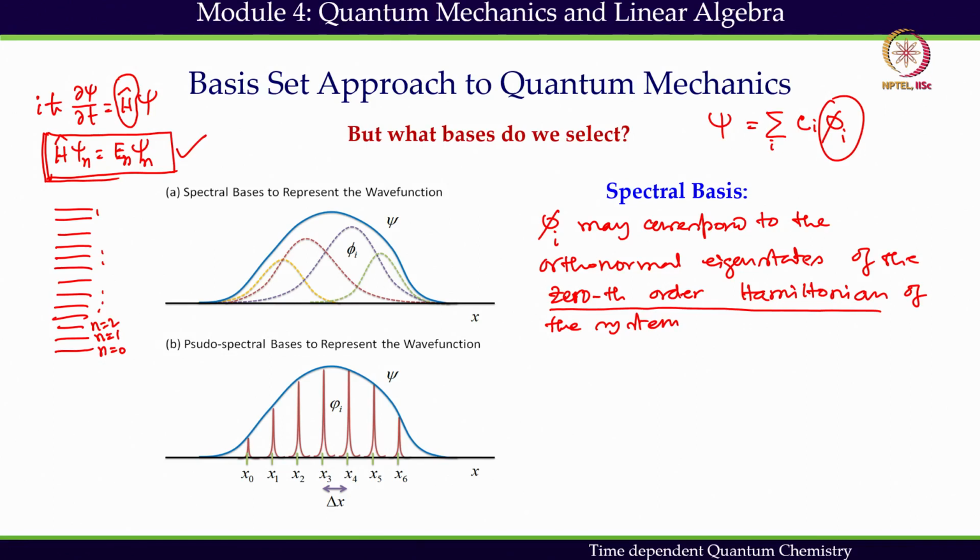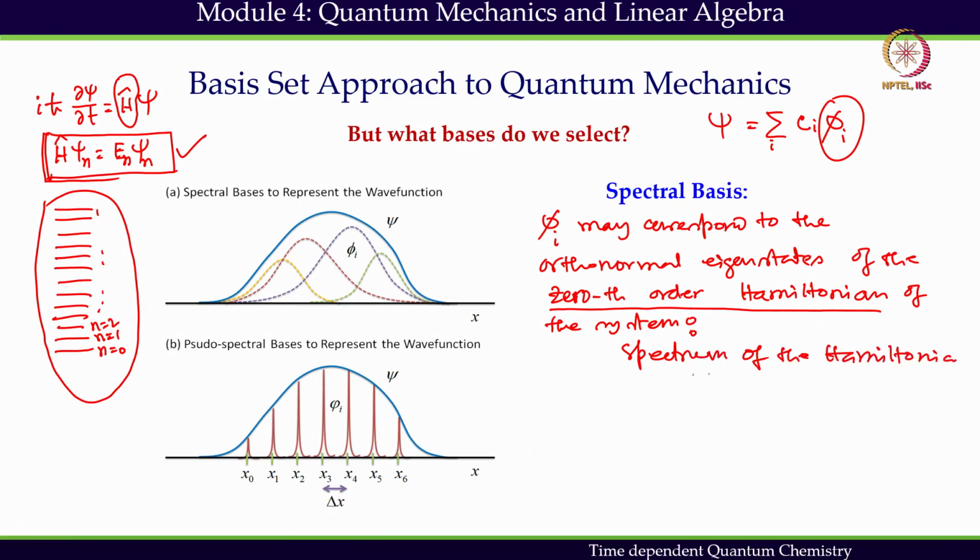And each state is an eigenstate, and because we get an entire set of states, these are called the spectrum of the system, the spectrum of the Hamiltonian, or the spectrum of the quantum system.